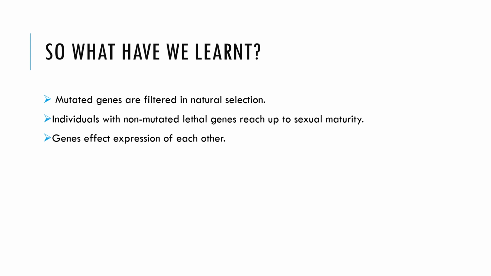So in case of double dominant, dominant or recessive epistasis, the action of the epistatic gene, whether activated or not, affects the action of the hypostatic gene. So that was about lethal genes and epistasis. We'll discuss more about this in the lecture.